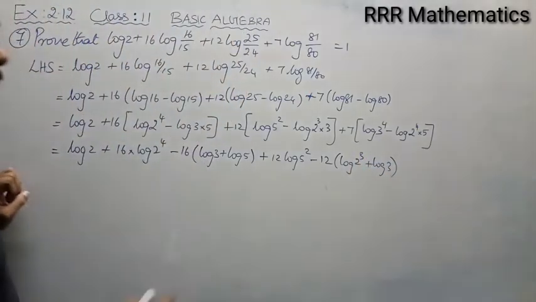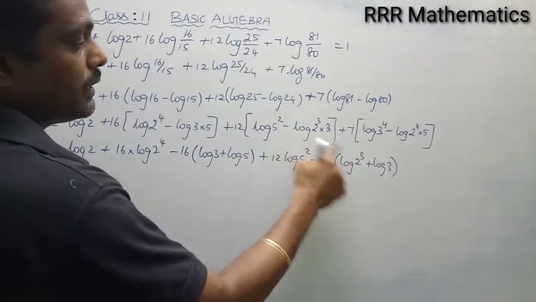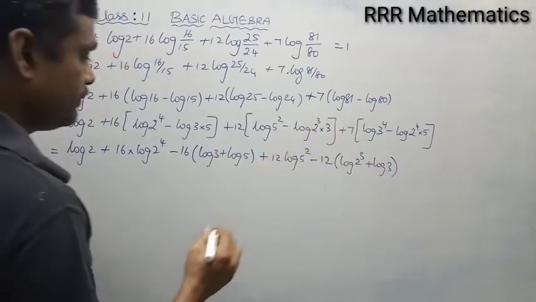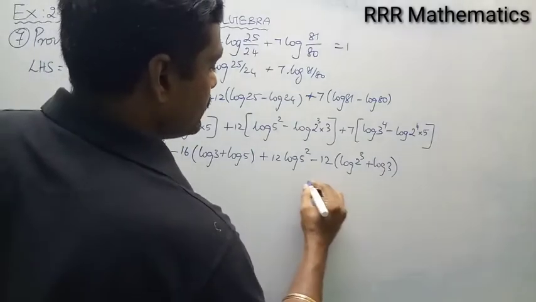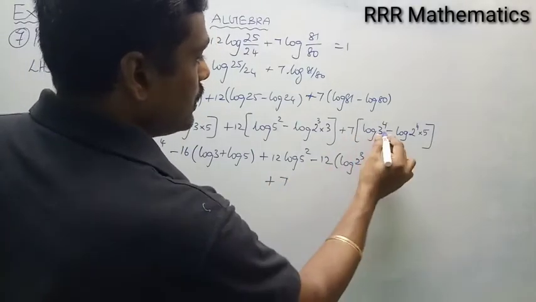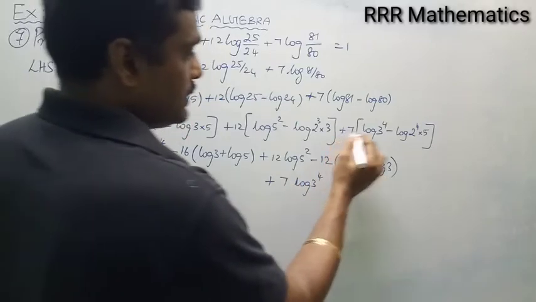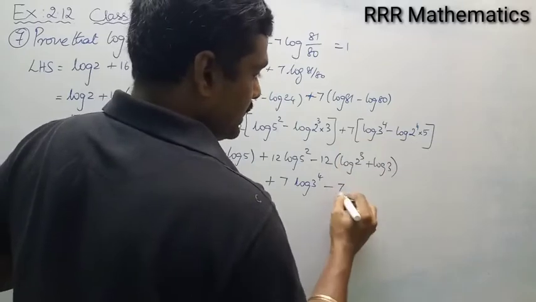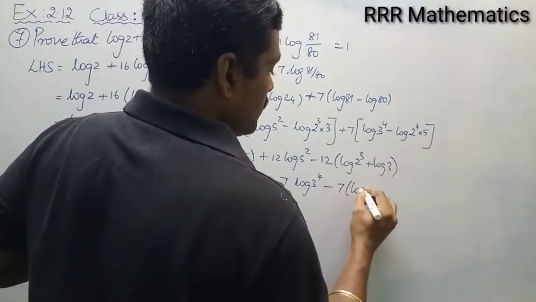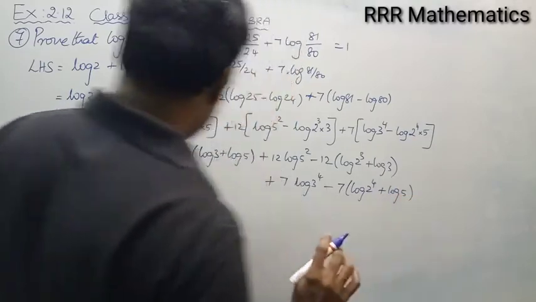Then plus 7 times log 3 power 4, plus into minus gives minus 7 times log m into n, log m plus log n. Got it? Very simple.